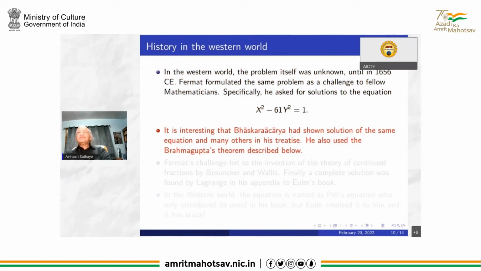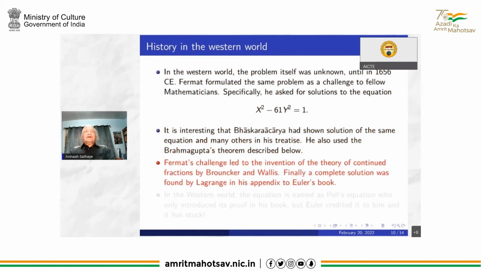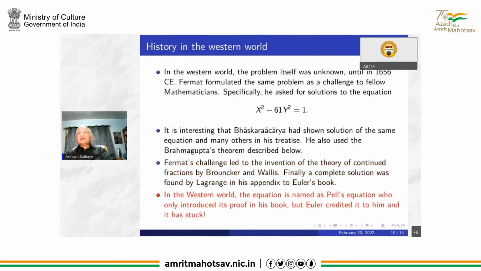He also used Brahmagupta's theorem described below. Fermat's challenge led to the invention of the theory of continued fractions by Brouncker and Wallis. Finally, a complete solution was found by Lagrange in his appendix to Euler's book. In the Western world, the equation is named Pell's equation; Pell only introduced its proof in his book, but Euler credited it to him and it has stuck.